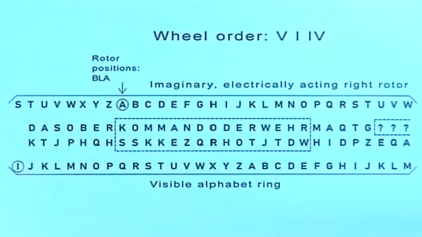The entire Enigma message begins here at the letter J. But the starting position of the right rotor is the letter I and not J.